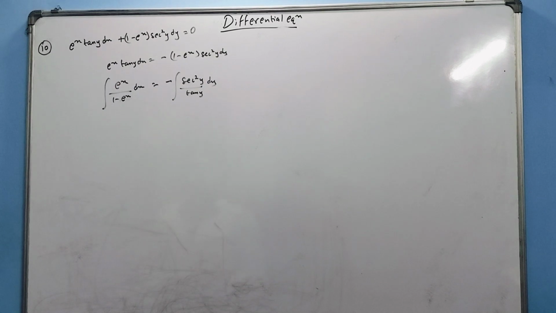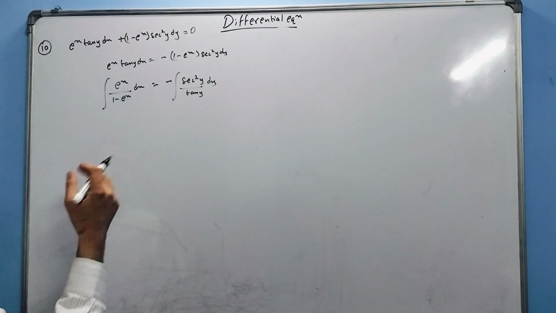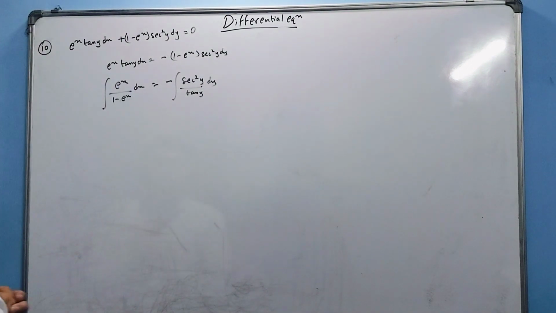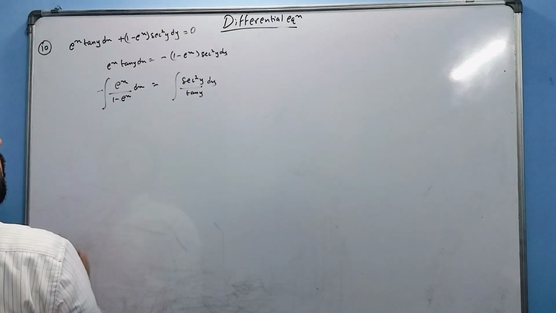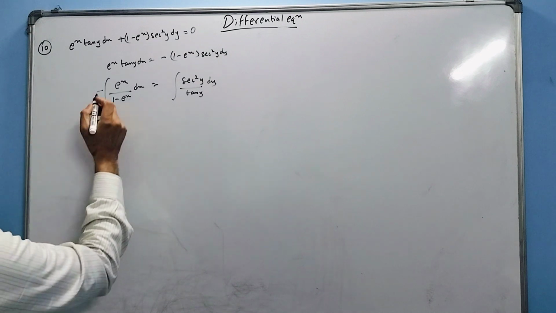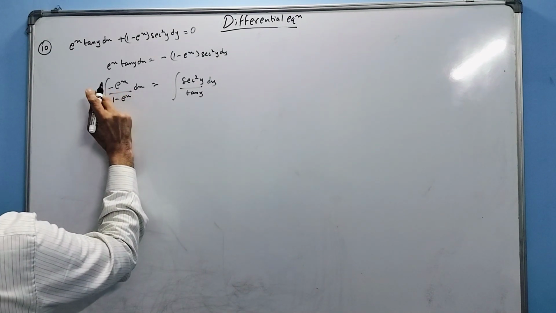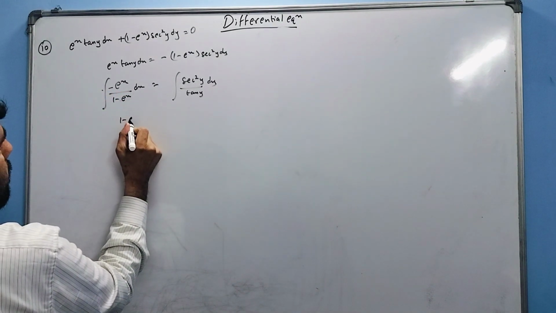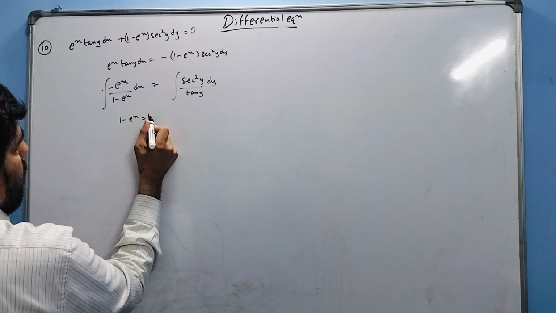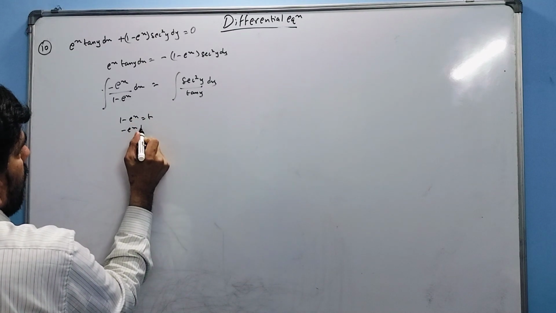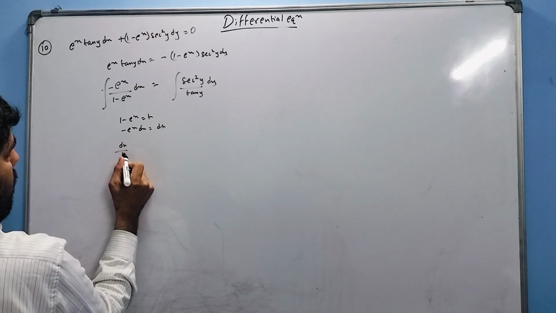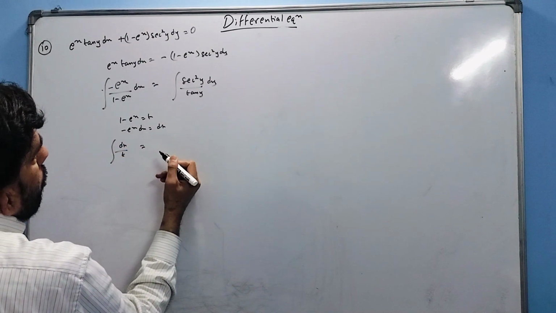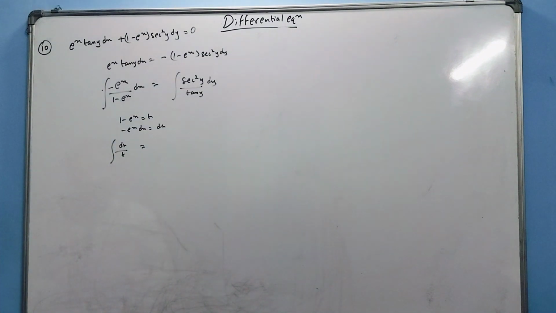Now what we will do, we'll try to integrate them. Okay, so I can take this negative sign inside. Now if I put 1 minus e^x equal to t, so I get minus e^x dx is equal to dt. So dt upon t is equal to, now we know the differentiation of tan y is sec square y.